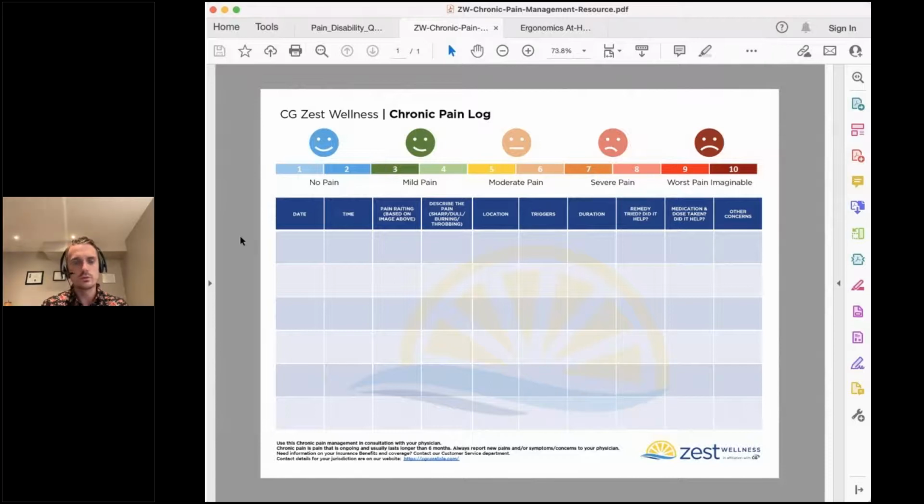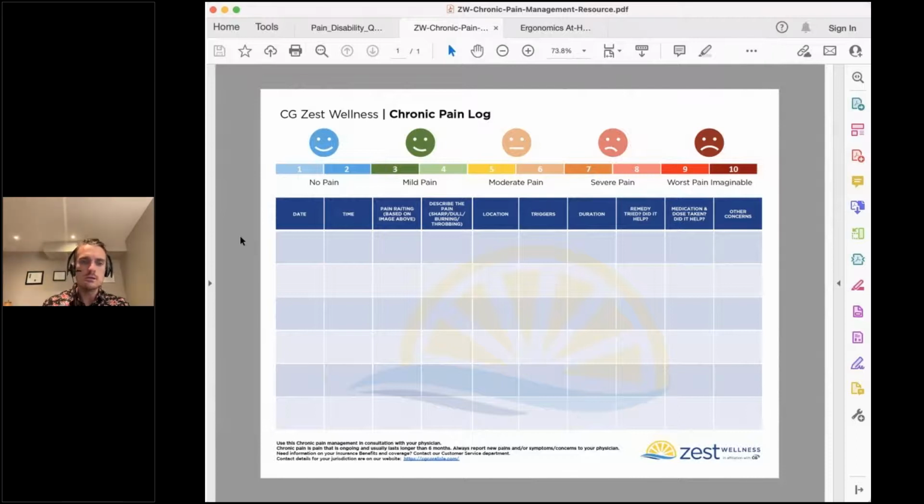So another useful resource, this chronic pain log, to help with our pain management and think to ourselves, okay, how are we tracking if we're trying something new or trying something different? How are we tracking if things are improving or not over time? And even towards along the top, we can always ask ourselves from 1 to 10, how are we looking at our pain?